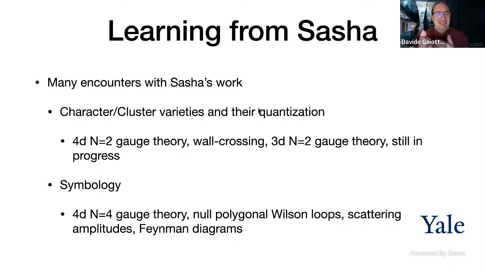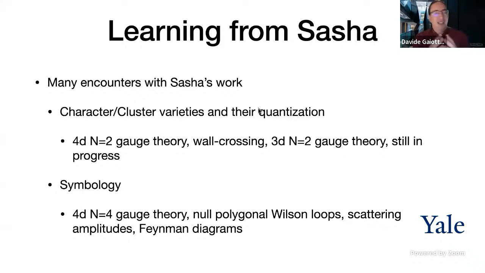The first encounter was in studying with Andy and Greg four-dimensional N=2 gauge theories, as the wall-crossing properties seem to be encoded in the cluster structure of character varieties and of other Coulomb branches, and many aspects of the coordinate systems introduced by Sasha's work turn out to have very concrete physical meaning, as we could build physical structures just by following the suggestions of the map.